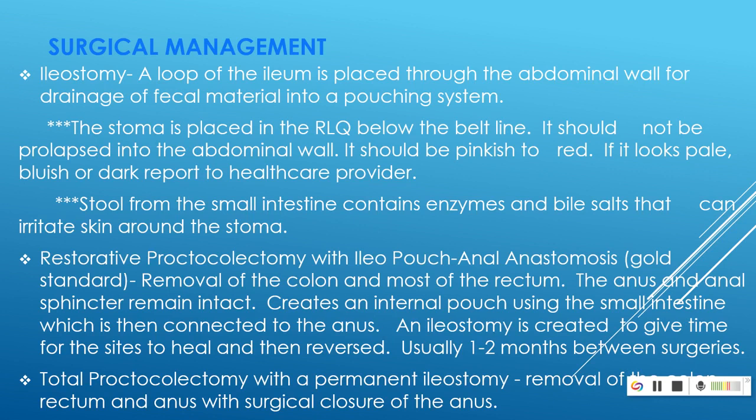Now, a total proctolectomy with a permanent ileostomy is removing of the colon, rectum, and anus with surgical closure of the anus. Now, I point this one out because, guys, when y'all take somebody's rectal temperature, you need to turn them on their side, spread their buttocks to find the rectum. Some people don't want to turn the patient, so they just bend their knees up and blindly stick the rectal probe in.